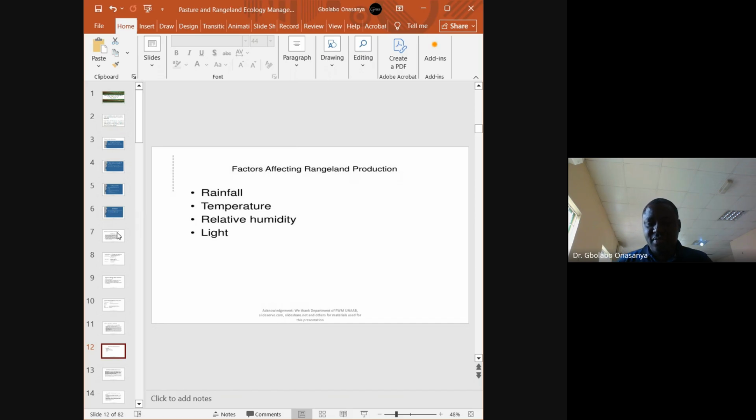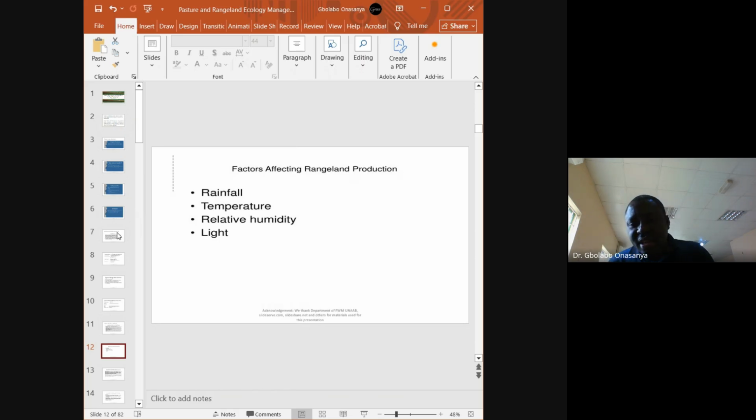Rainfall, temperature, relative humidity, light, soil factor, the quality of the soil, because the quality of the soil will affect the quality of the pasture that will grow.